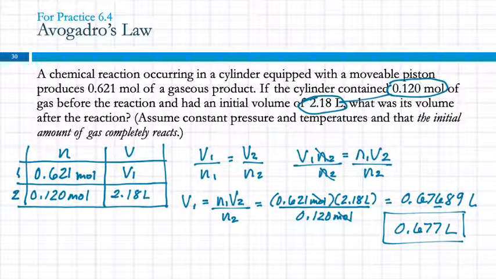So 0.621 times 2.18 divided by 0.12. Yep, screwed up again. So 11.2815, does that look better? Yeah. 11.3. I was going to mention this, and I didn't intend to demonstrate it so dramatically.